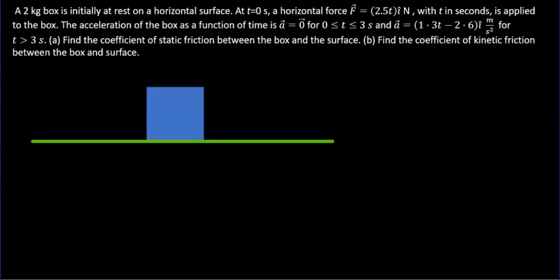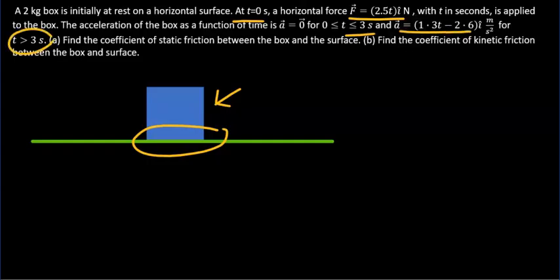We note that at t equals 0, although the force begins to act, due to the presence of friction between the two surfaces, that 2 kg box will remain stationary up until t equals 3 seconds. Only after that will it begin to move with some acceleration.